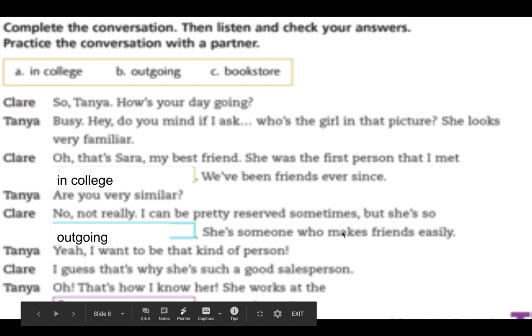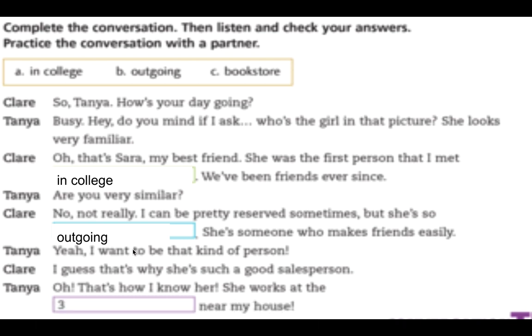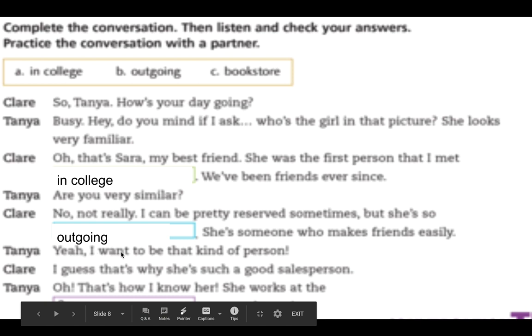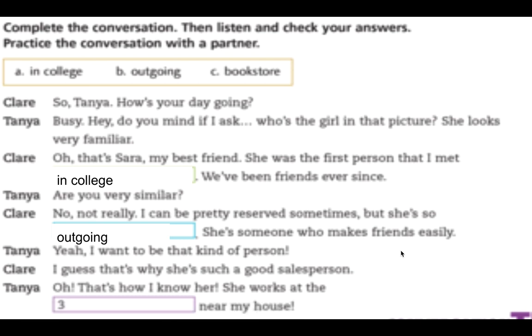She's someone who makes friends easily. Yeah, I want to be that kind of person. I guess that's why she's such a good salesperson. Salesperson? Oh, that's how I know her. She works at the bookstore near my house.